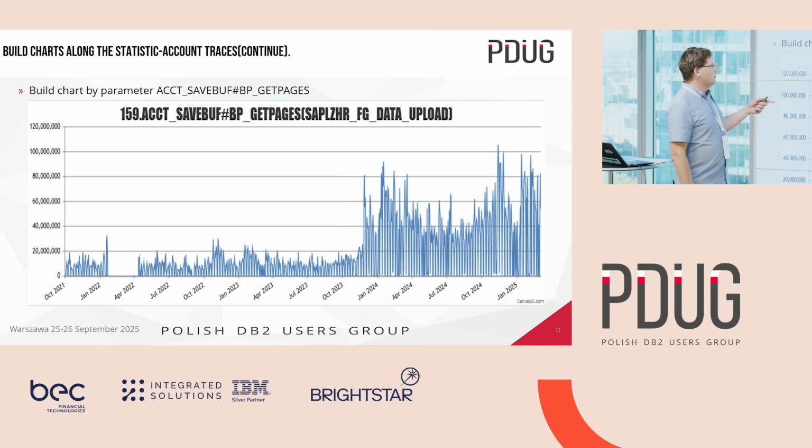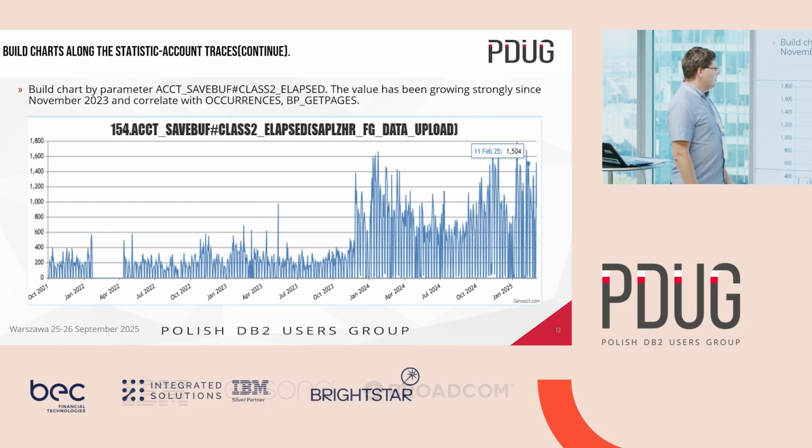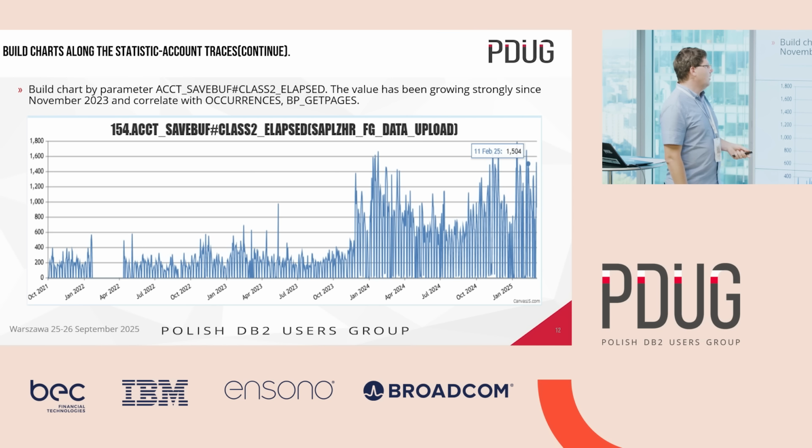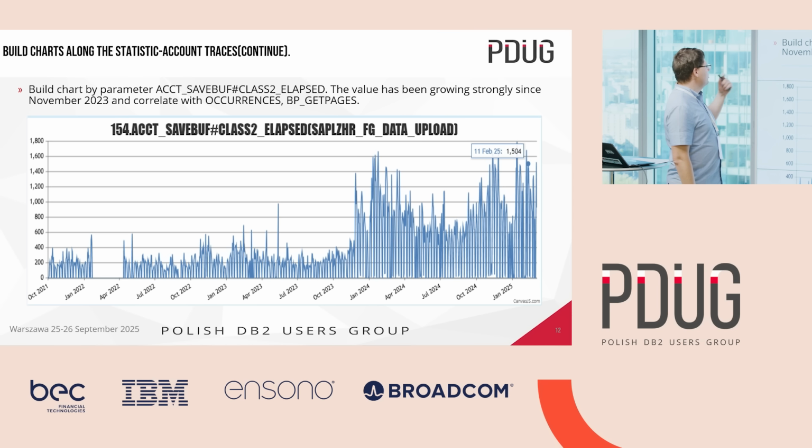Okay, the next parameter like get page also shows me that in the same period of time the buffer pool increased. Third chart I built and chose one application, SAP data upload. Build charts by parameter class 2 elapsed time. The value has been growing strongly since November and correlates with the two previous charts.